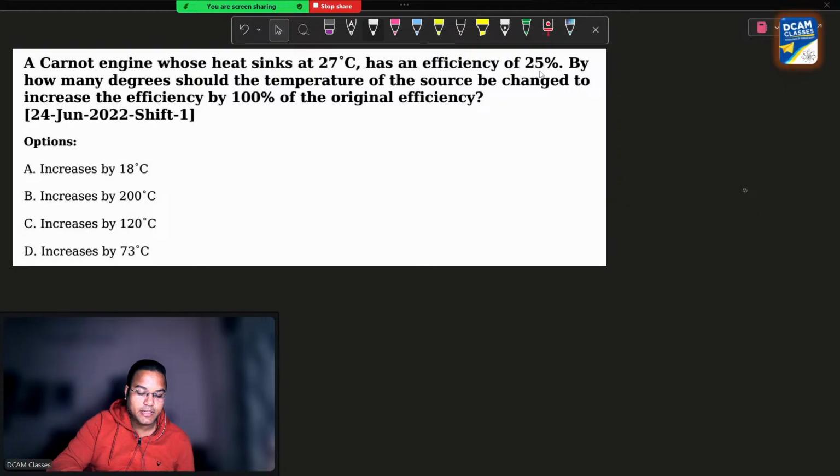That's what they mean. Understood? This is where most students make mistakes. Remember, efficiency can never be more than 100%.